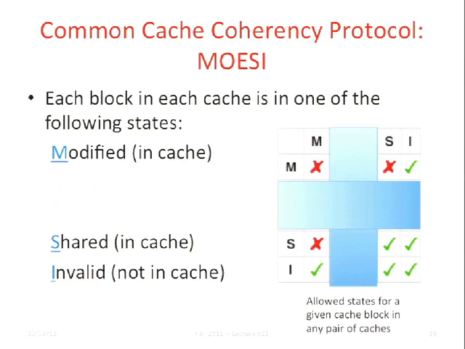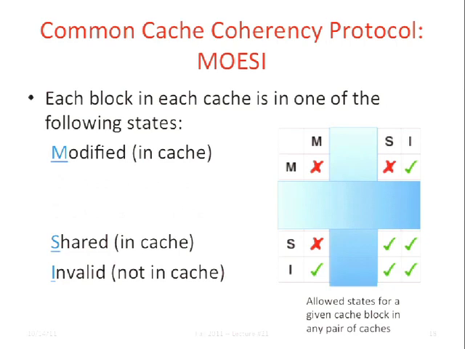It's not allowed to have it shared, because the rule for modified is no one else has it. And it might be invalid. That's fine. It can be in another cache and marked as invalid. For shared, no one else can have it marked as modified, but other caches can have it marked as shared. And invalid, sure, they can be invalid all over the place. That's not going to matter.